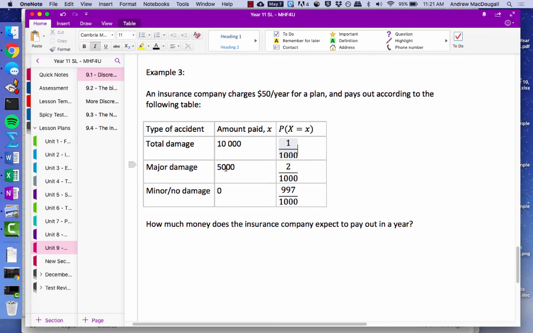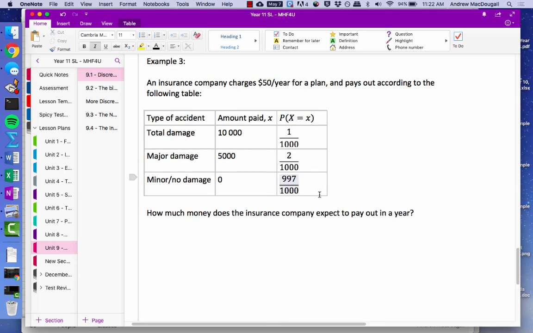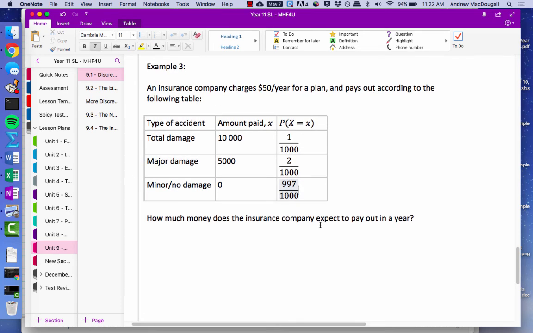Major damage, they pay $5,000, and they've concluded that 2 out of every 1,000 claims is this type of damage. And for minor or no damage, they pay 0. 997 out of 1,000 claims are this sort. And the question is, how much money do they expect to pay out in a year?